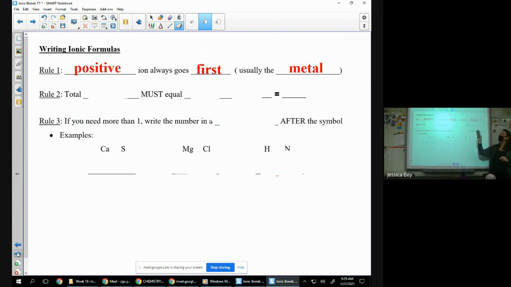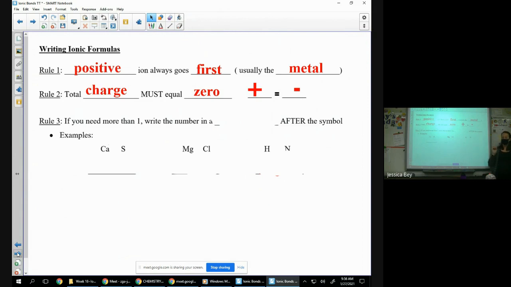It's usually the metal. Then you'll put your anion. But the biggest thing is once you write these, and this is going to be the rule from now until the end of time: the total charge must be neutral whenever you're writing a formula.